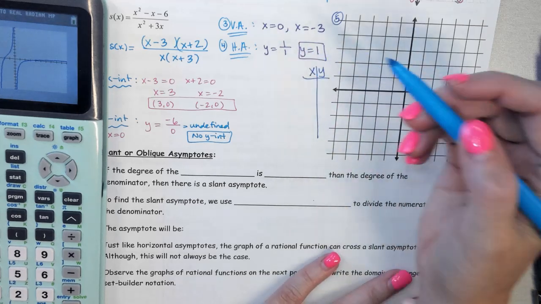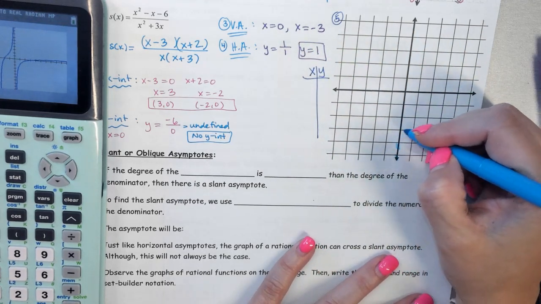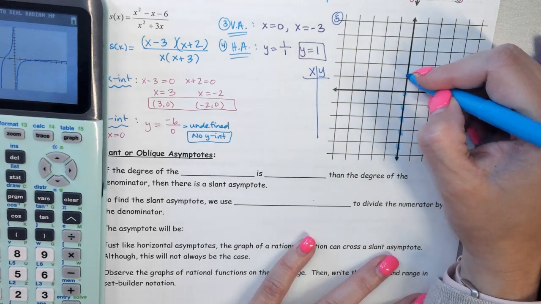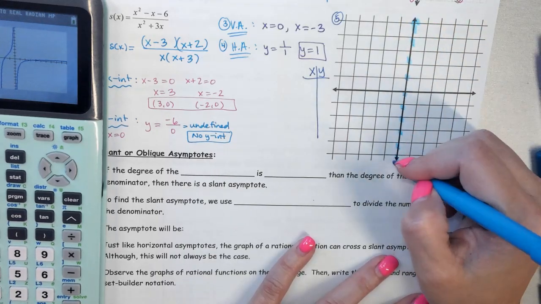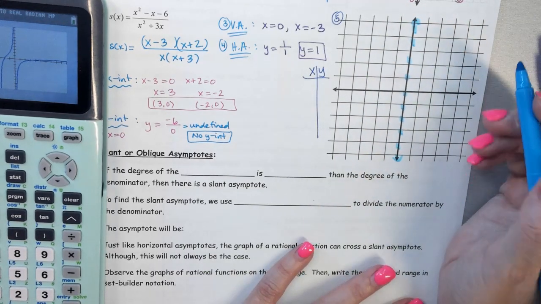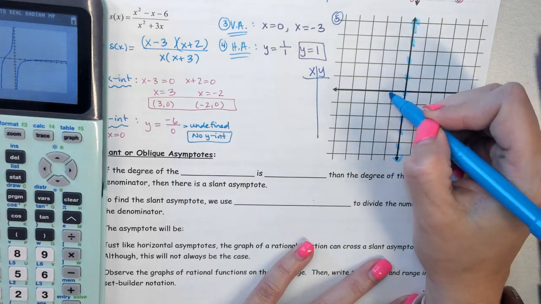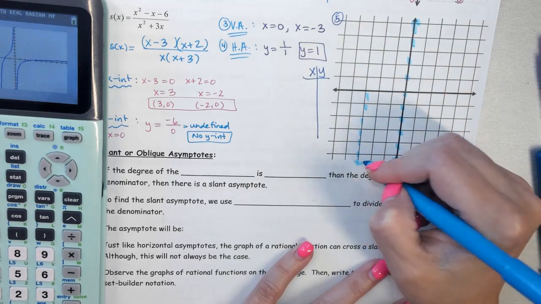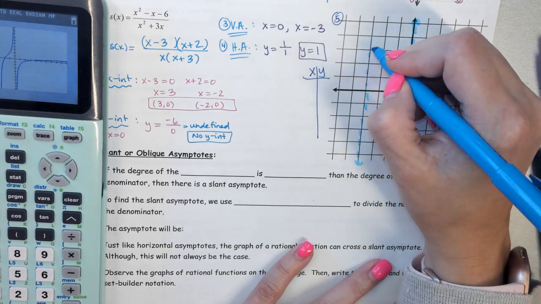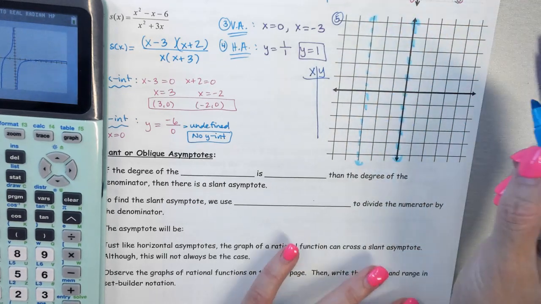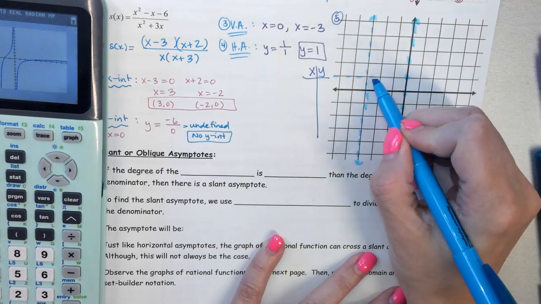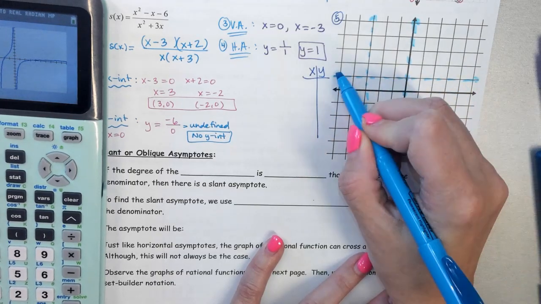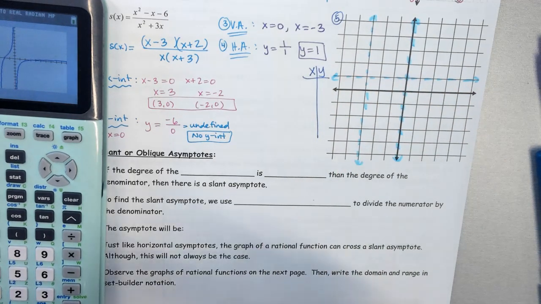Again, I'm going to use just highlighters because I have x equals 0 here. So I want to make sure that stands out. Okay, and then I have x equals -3, 1, 2, -3. And then my y value is going to be 1. Okay, so I'm going to label those.